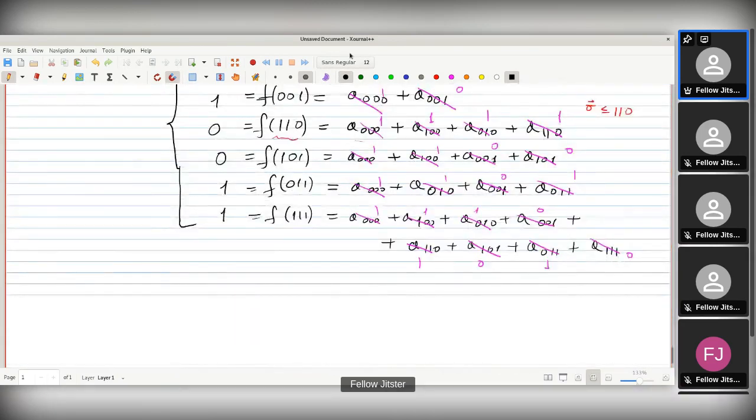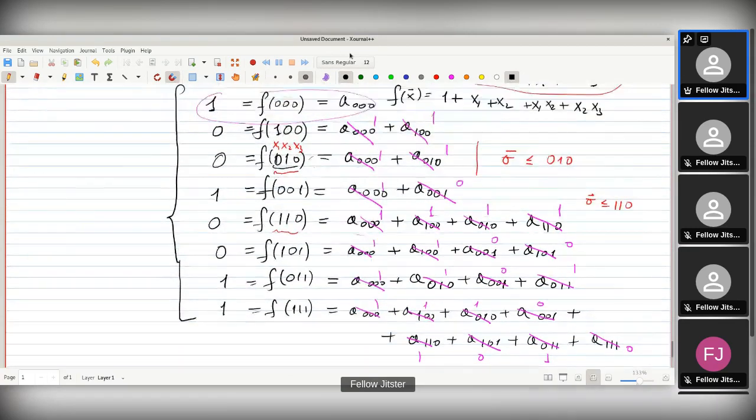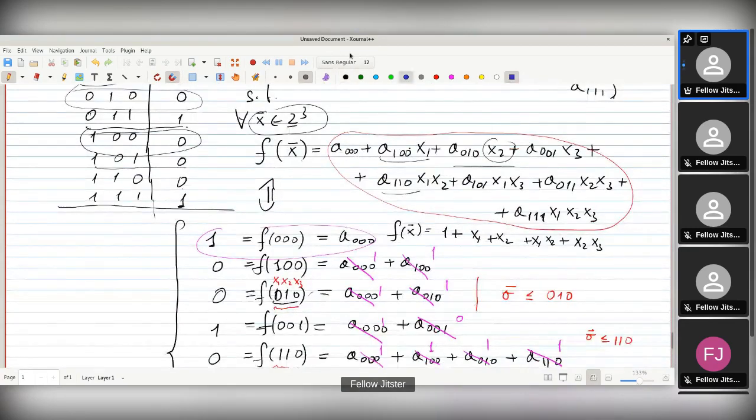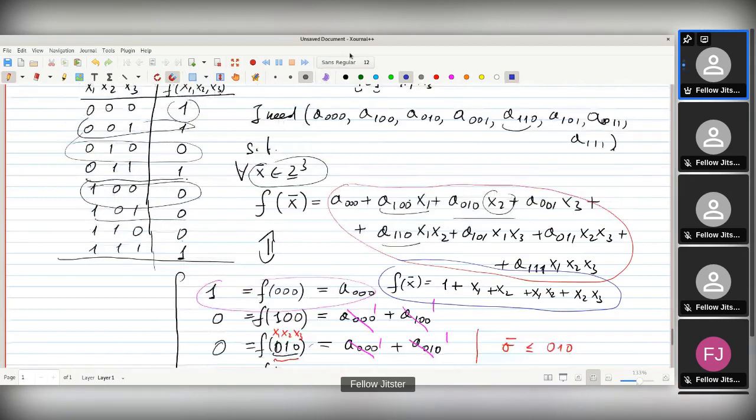That's all. These are the coefficients for our function. You may check it if you want.